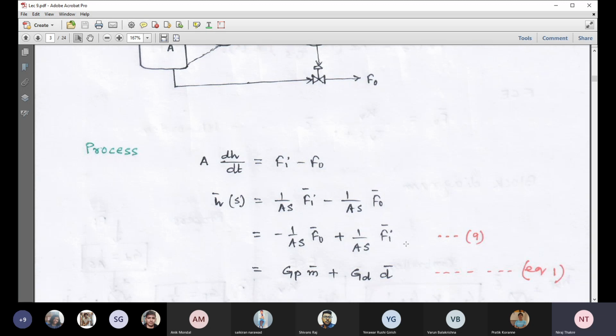We can rearrange it in this form, and then we get equation 9. And equation 1 is shown before.